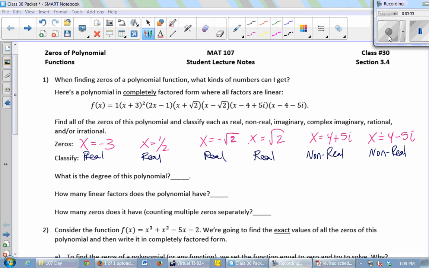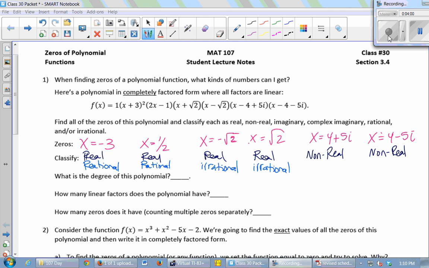So -3 could be written as -3/1. 1/2 is already written as a fraction, so this is rational. But square roots, if it's not a perfect square underneath the radical, those are irrational numbers. Yes, they are crazy, messed up decimals. That's a good description.